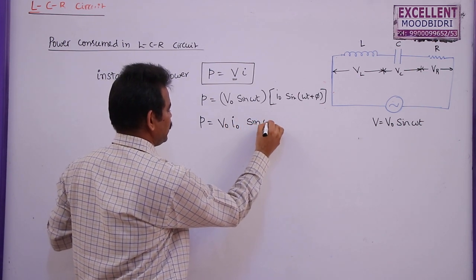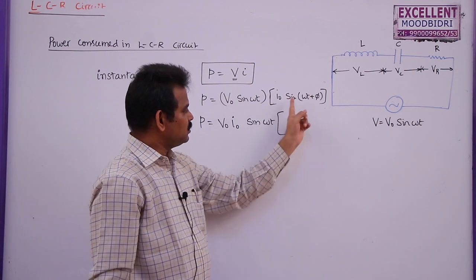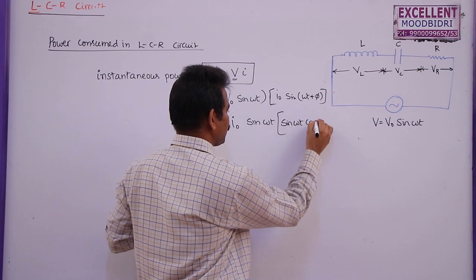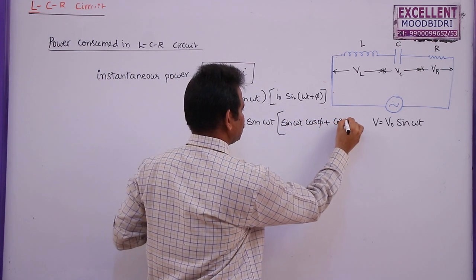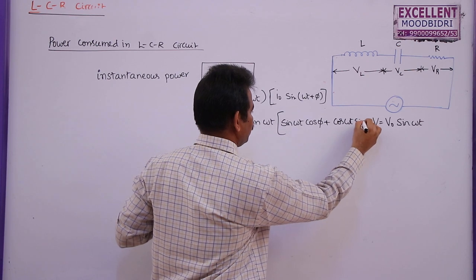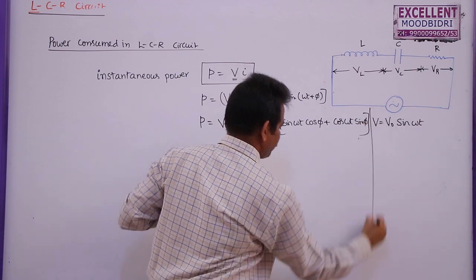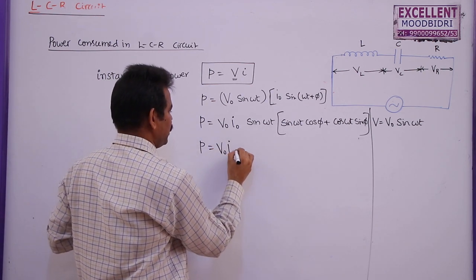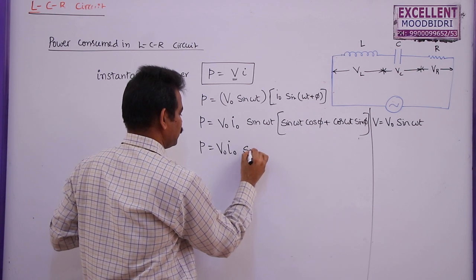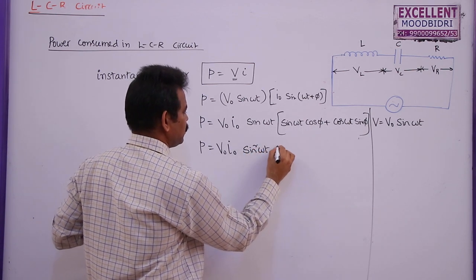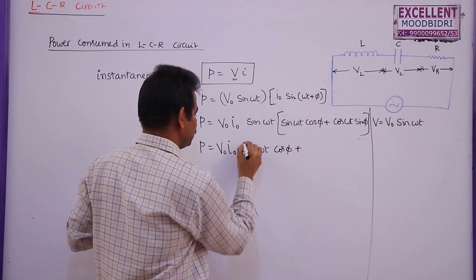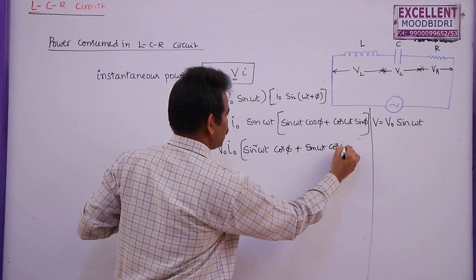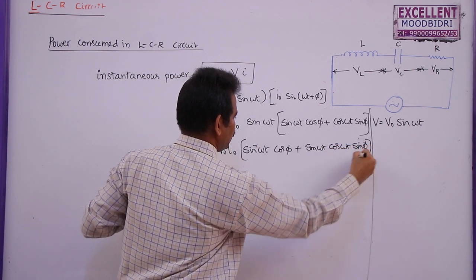The remaining terms are sin omega t into sin(A plus B), which can be written as sin A cos B plus cos A sin B. So the power is V0 I0 times sin square omega t cos phi plus sin omega t cos omega t sin phi.